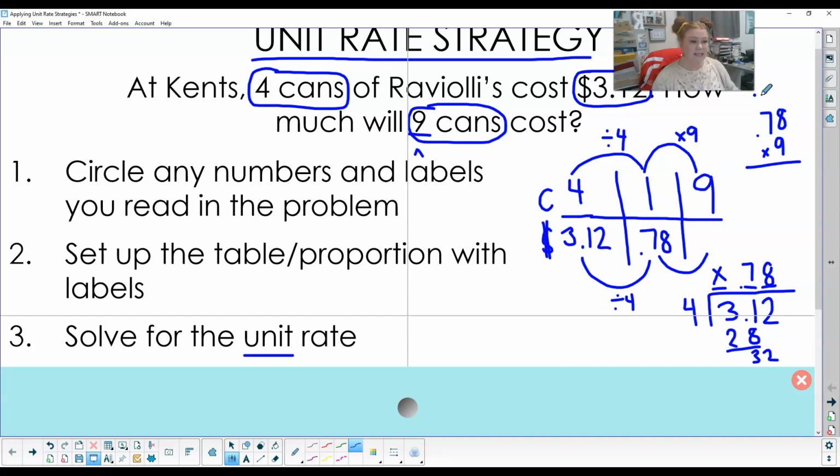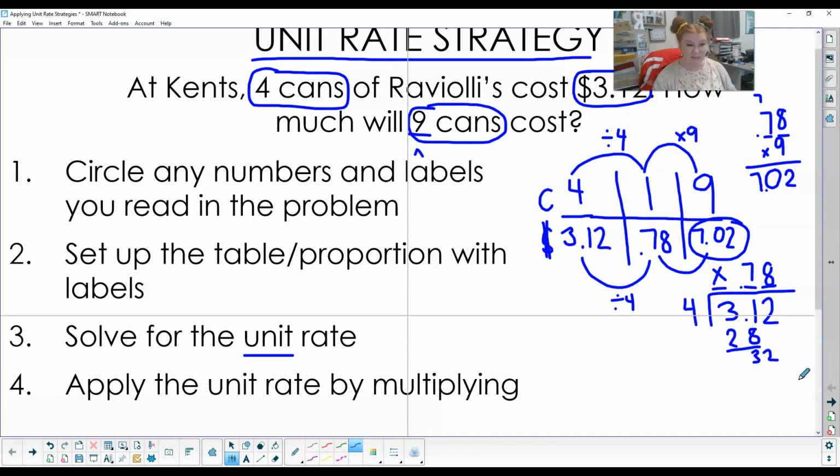So 9 times 8 is 72. 9 times 7 is 63 plus 7 is 70, with 2 decimal places. So that means 9 cans cost $7.02. So there's my final answer right there on my table.